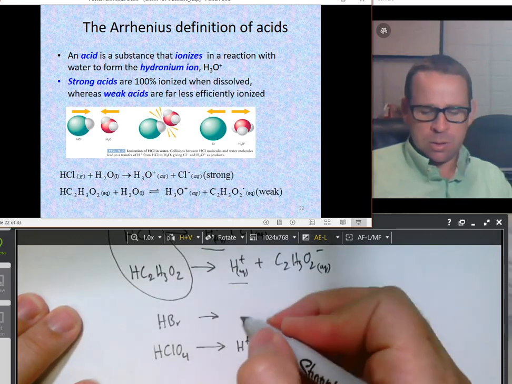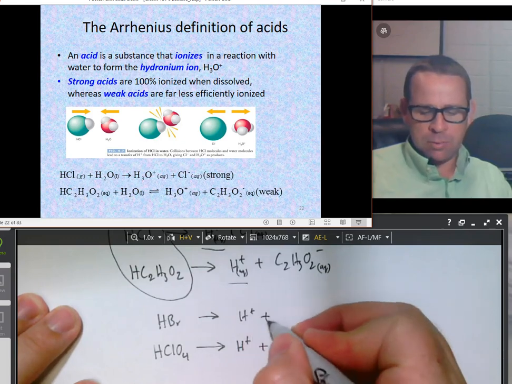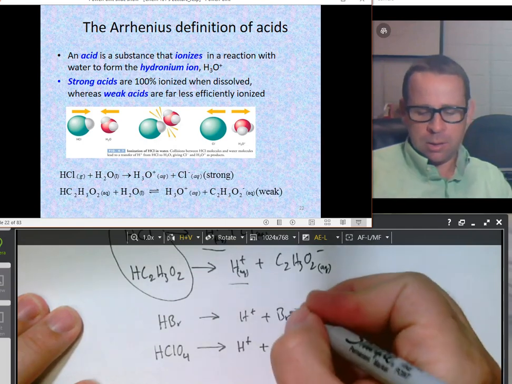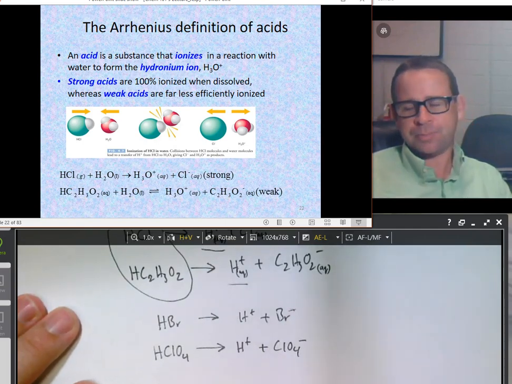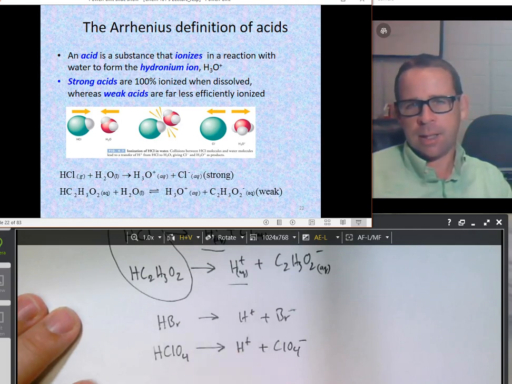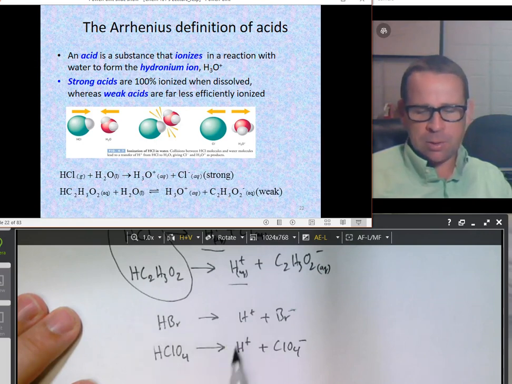Or at least one more negative charge than it was previously. All right, so this is how we write the dissociation of an acid. An acid. Okay, and we call these Arrhenius acids. Okay, acids that release hydrogen ions.